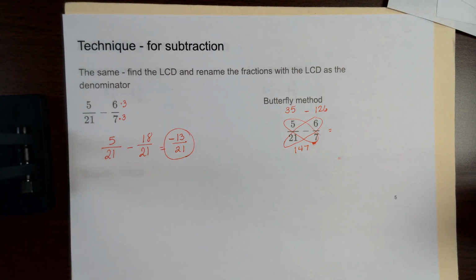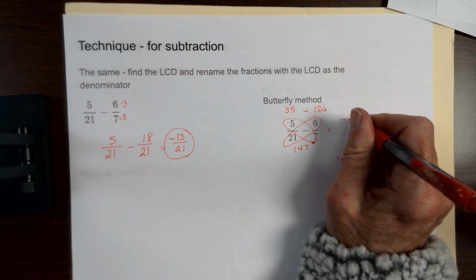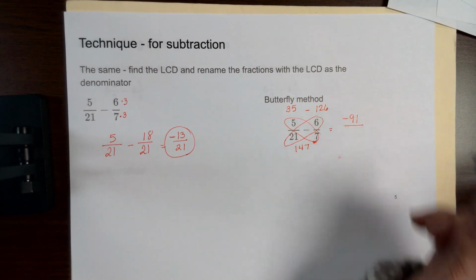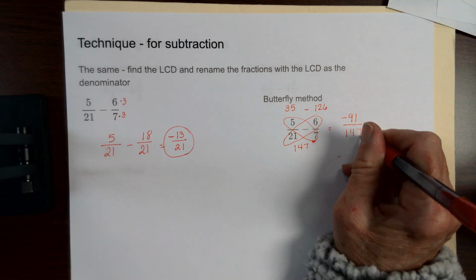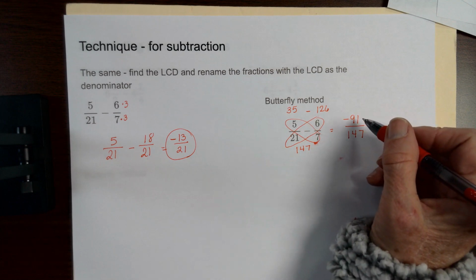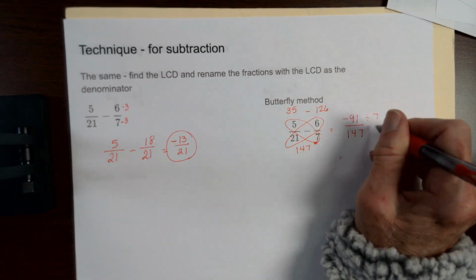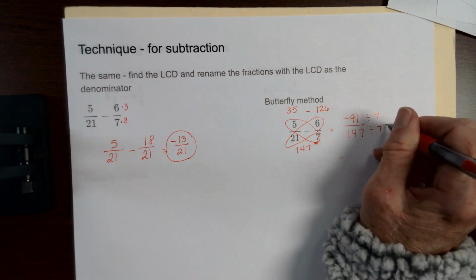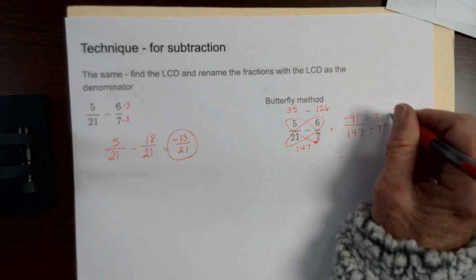So I have a 35 minus a 126, so I'm going to get a negative 91 on the top, and I'm going to get a 147 on the bottom. Now I am betting that I can reduce that. So I bet I can divide them both by 7. And when I do, I get a negative 13 over 21.